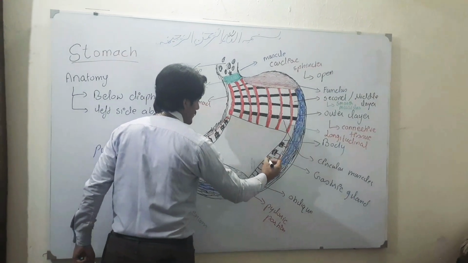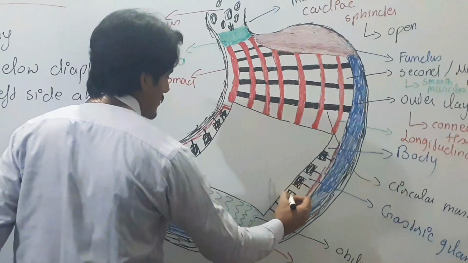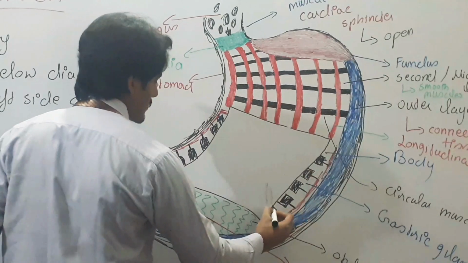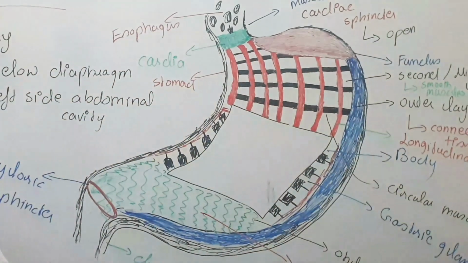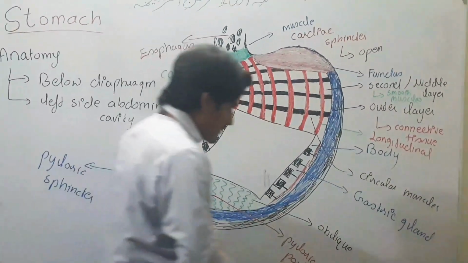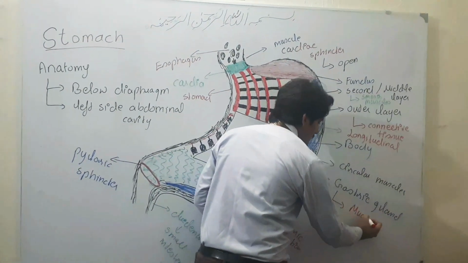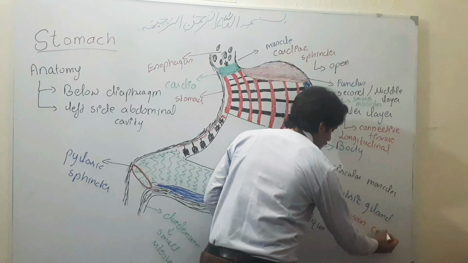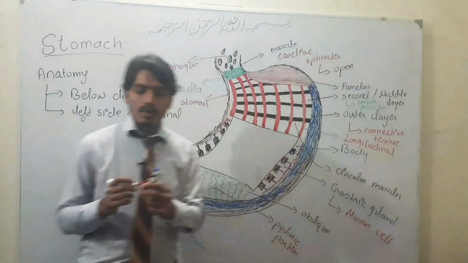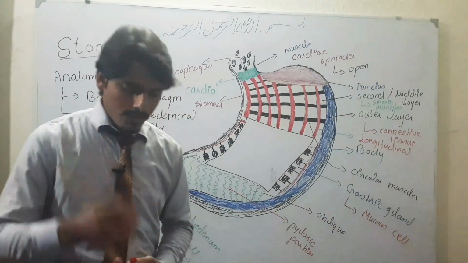Let's see what these cells are. These cells are of 3 types. The first one is the mucus cell. What do the mucus cells secrete?